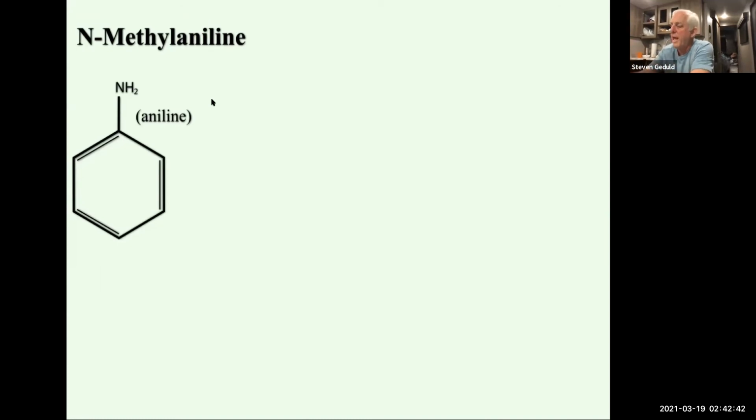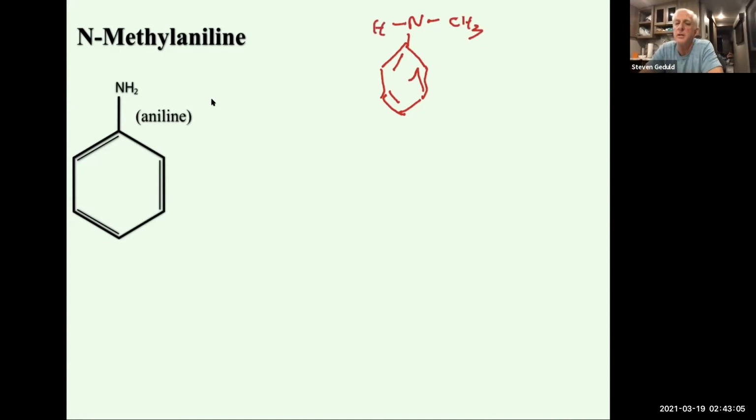So aniline is your benzene ring with NH2. That's aniline there. Now it says it's a secondary amine. It's got a methyl group attached to it. CH3 and an H. So that would be N-methyl aniline.